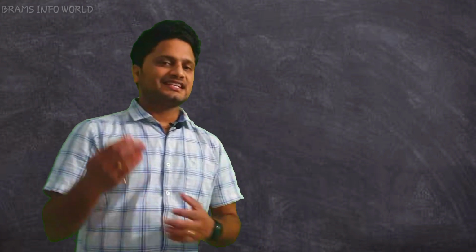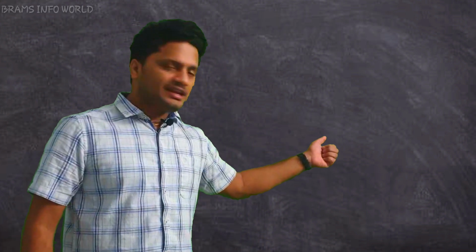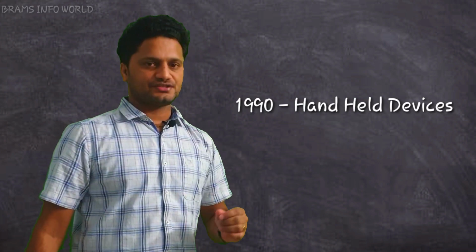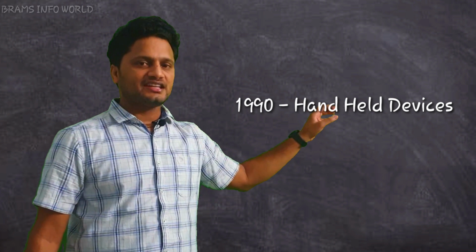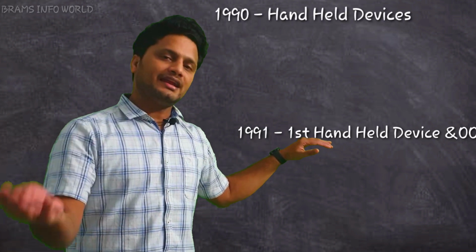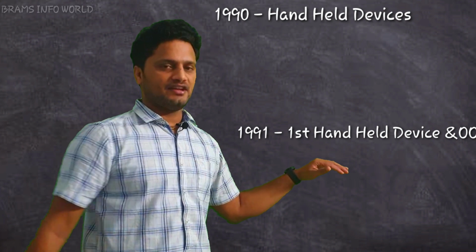Let's talk about the history milestones. During 1990, Sun Microsystems wanted to develop handheld devices. This was the objective of 1990. In 1991, the team had already developed a new programming language.